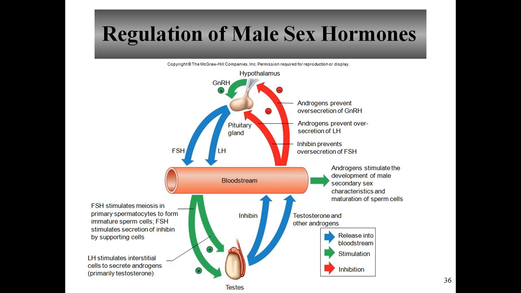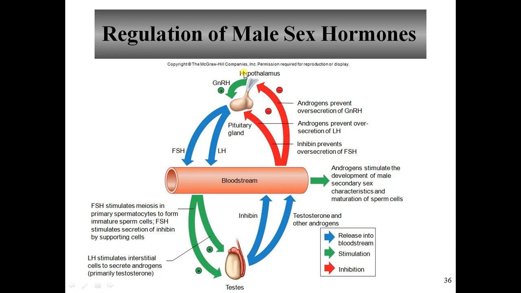Now next we will discuss the regulation of male sex hormones. Here you will find three different colors of arrows: blue, red and green. This tube-like structure is the bloodstream.